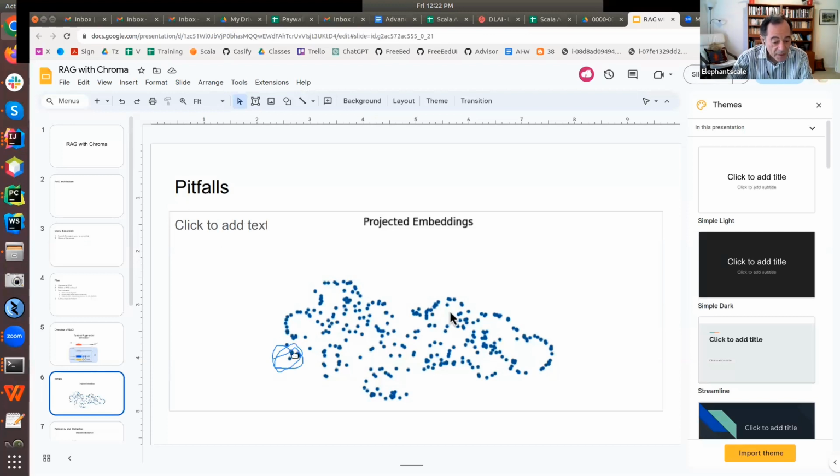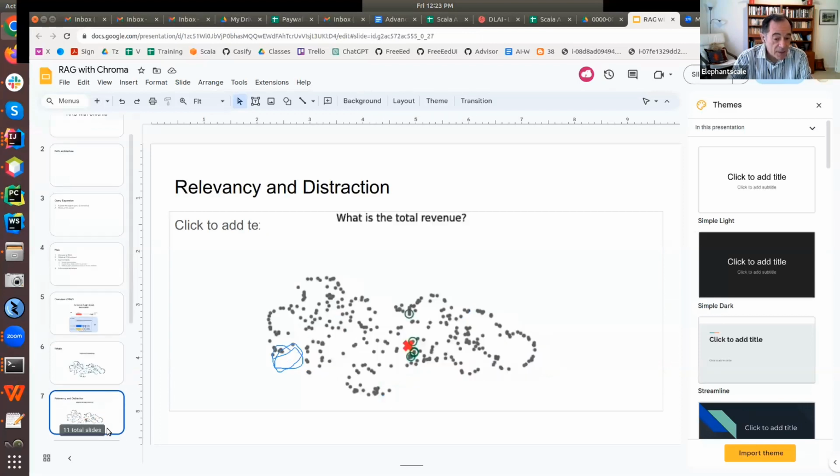So you find this one point, and then you find the points that are close to it, and you hope that is exactly what ChatGPT needs to see before it can give you an answer. That's your idea. That's called embeddings. You take your words and embed them into a vector space.